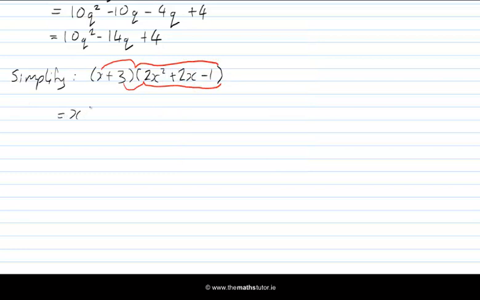So we get the x times 2x squared plus 2x minus 1. That's just this x multiplied by this whole bracket. And we have a plus 3 from the first bracket, and that's multiplied by the 2x squared plus 2x minus 1.